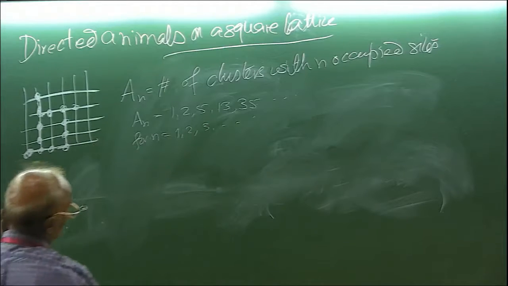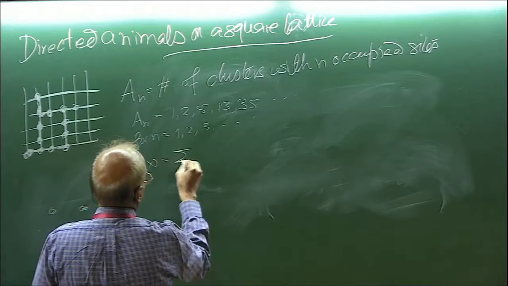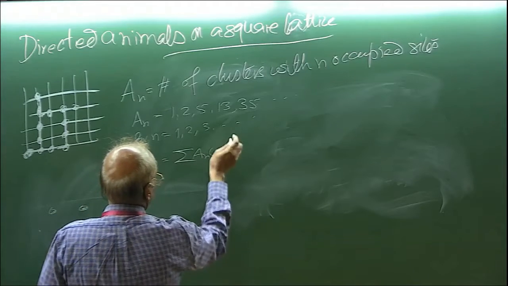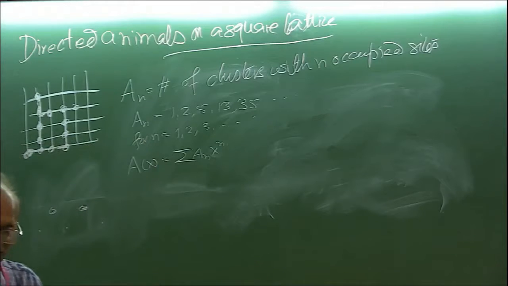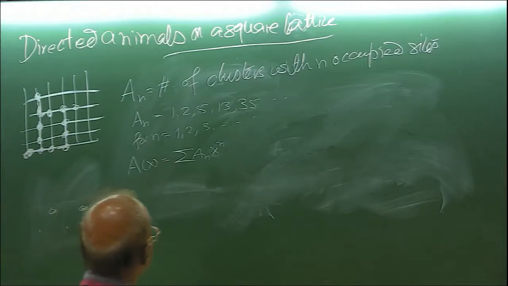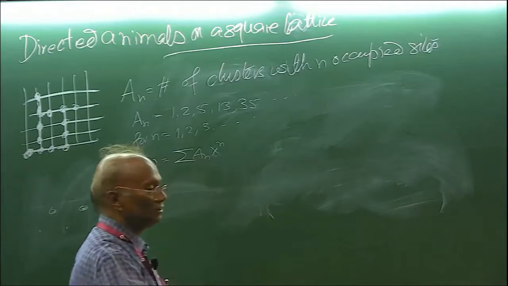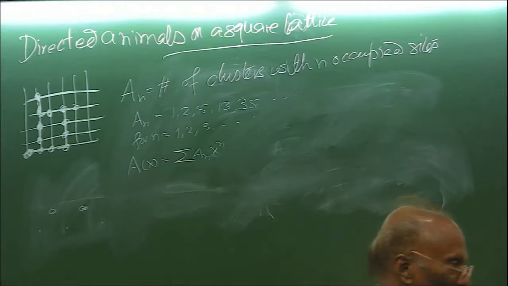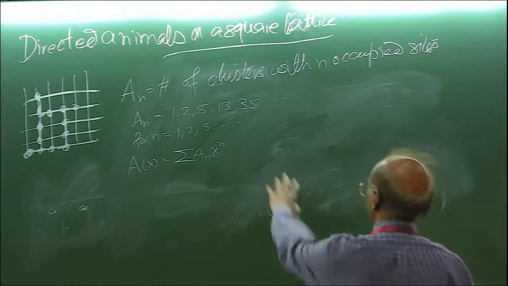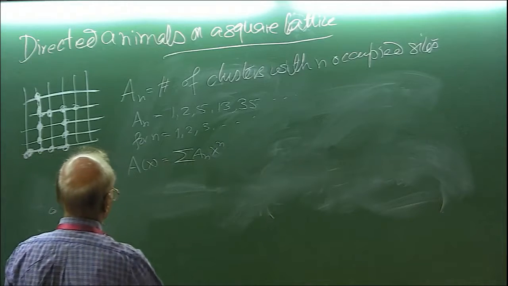And then we define a of x is equal to the summation of an x to the power n. This is a function of x, it's called the generating function. And if I can determine this generating function, then I have essentially determined all these an for all n by Taylor expanding the function, and vice versa. So can I determine this a of x?